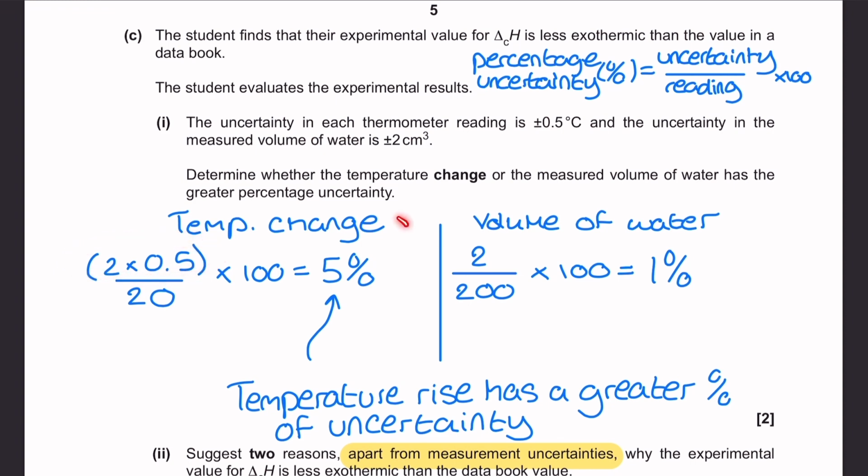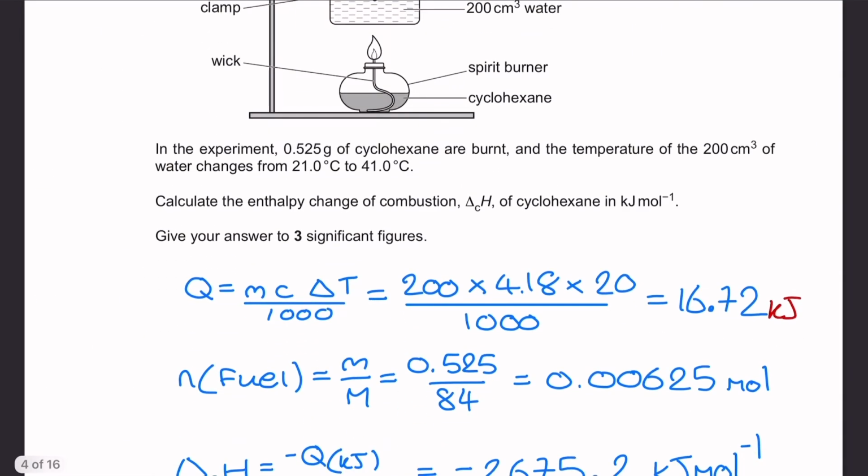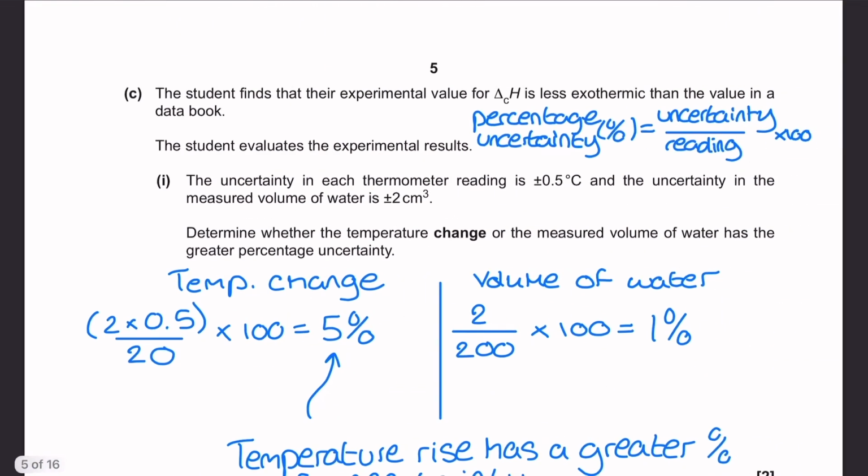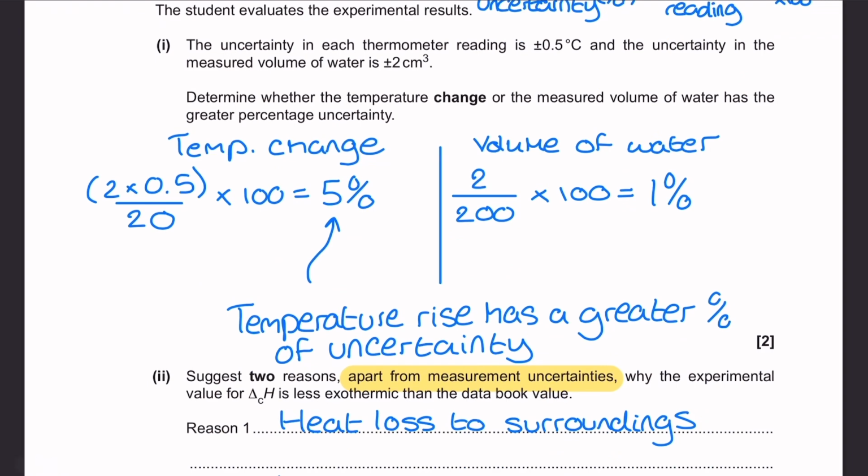That's because when you have a change figure, for example my temperature change here was 20 degrees C, and the way I've got that, just to reiterate, is because we go from 21 to 41 degrees C, so my delta T was a temperature change, remember? In order to get that temperature change of 20, I had to read the apparatus twice, and each reading introduces an error. And so here I've doubled my numerator.